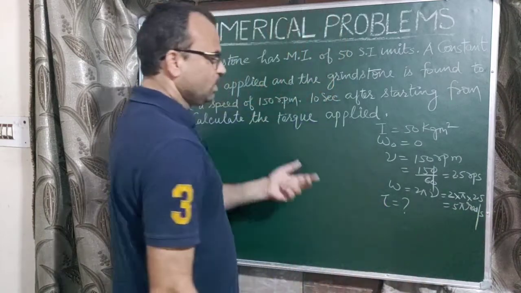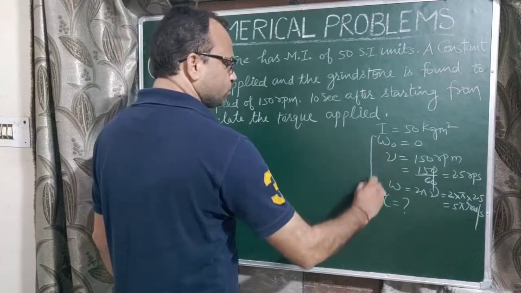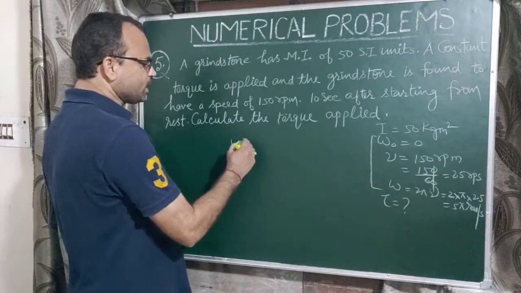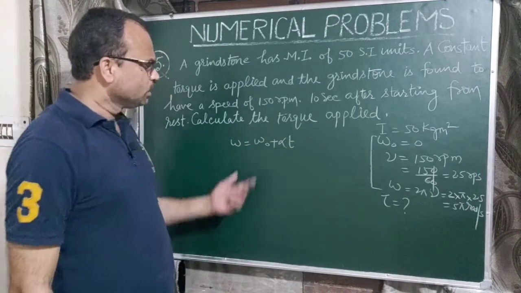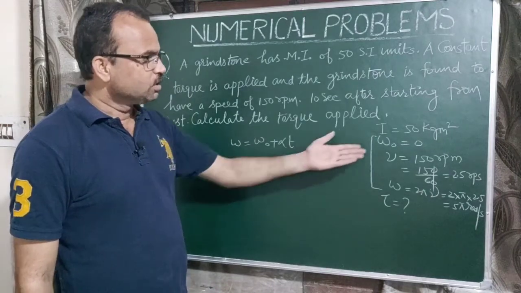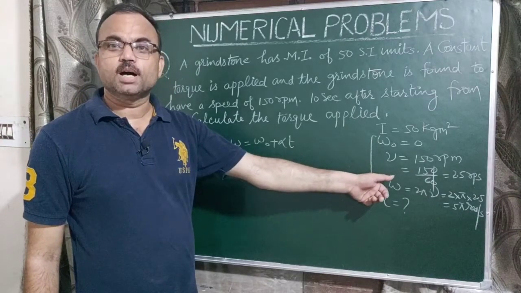Okay. So first we use the first equation of rotational motion, that is omega equals omega naught plus alpha t, because the rotational speed increases, starting from 0 up to 2.5 rps.